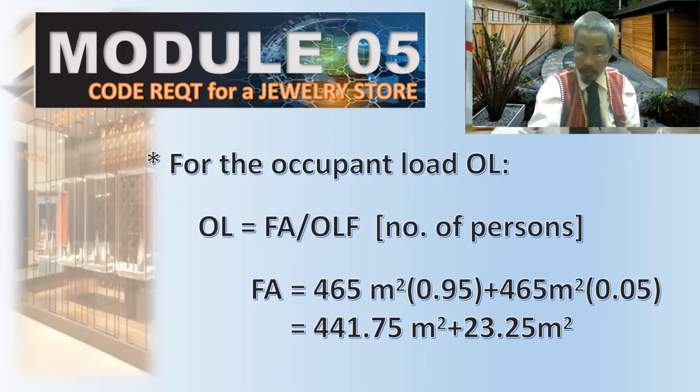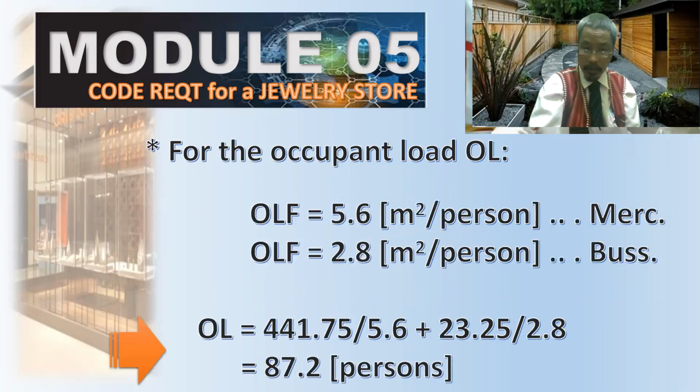Therefore, for general business purposes, 23.25 square meters and 441.75 square meters for sales purposes. Okay, so that is our floor area. Therefore, what is the factor that we get? 5.6, as we already decided from the table.